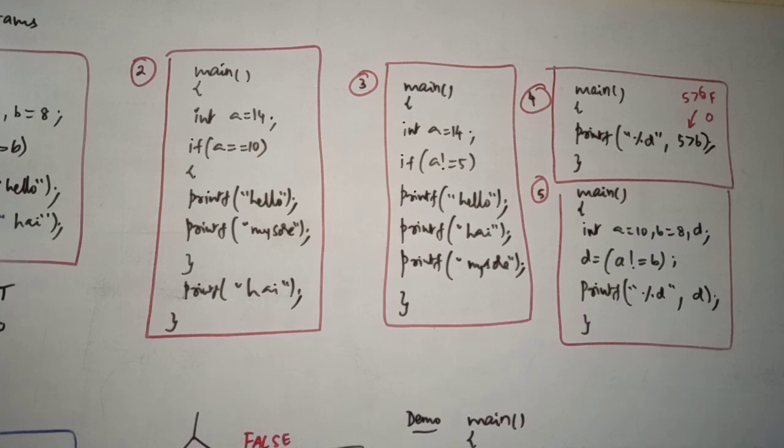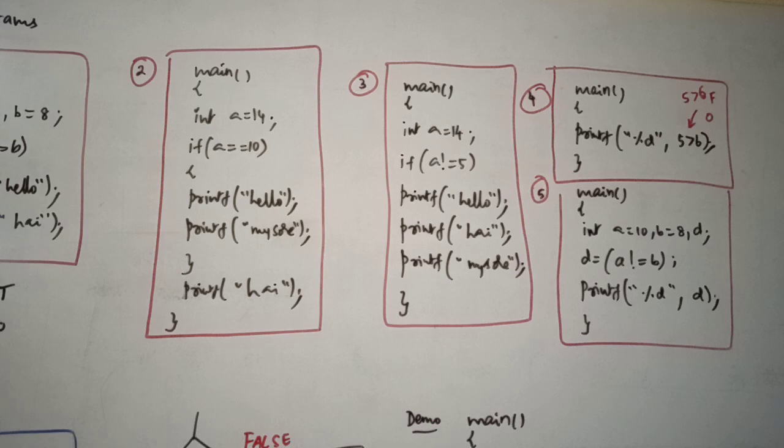What is the condition? A is equal to 10. How many statements are there? 3 statements are there. Printf hello, printf Mysore and printf hi. Look at the brackets just below the if condition. Printf hello and printf Mysore are placed within the brackets. So it is syntax 3.